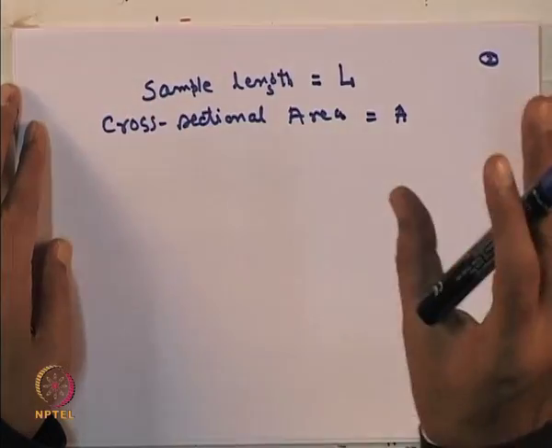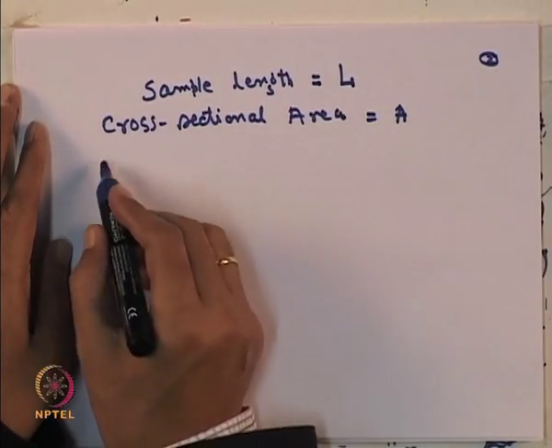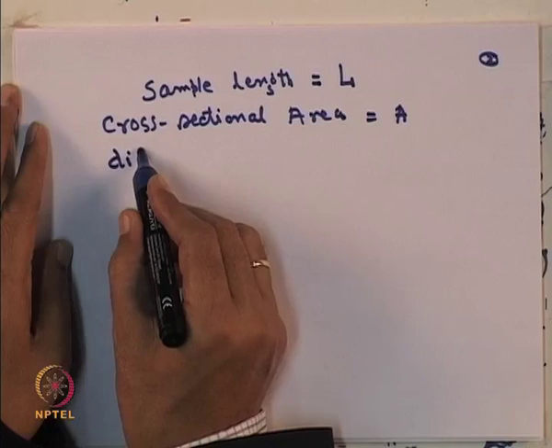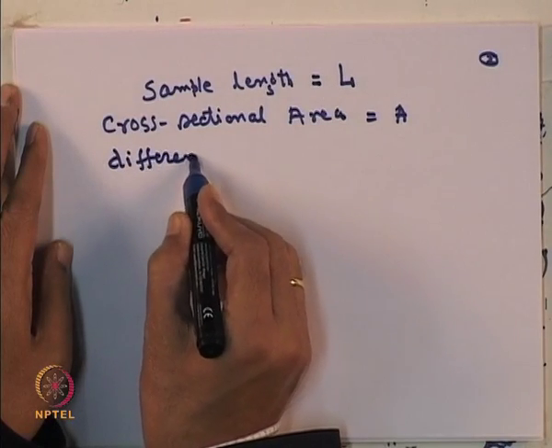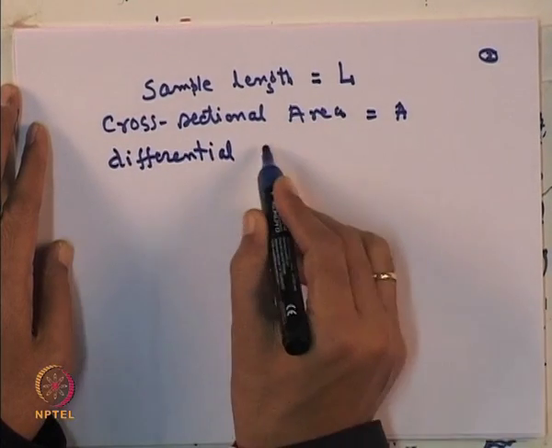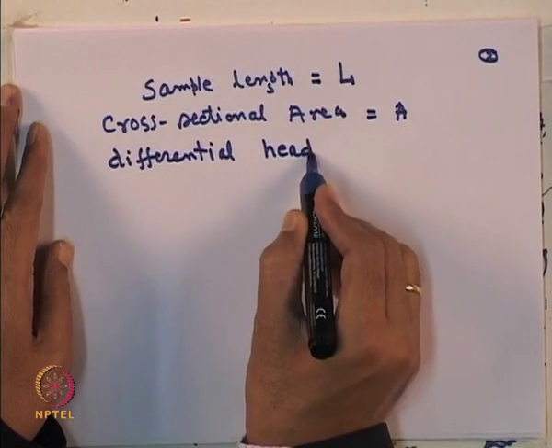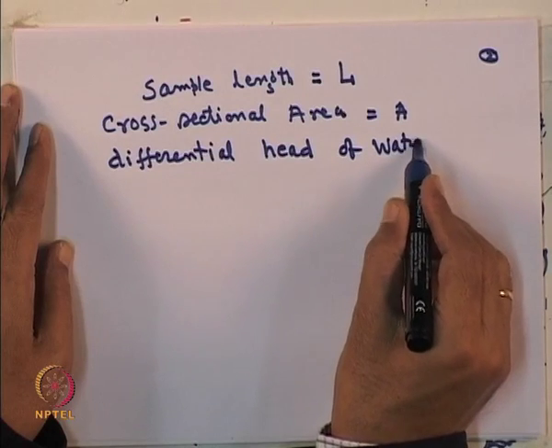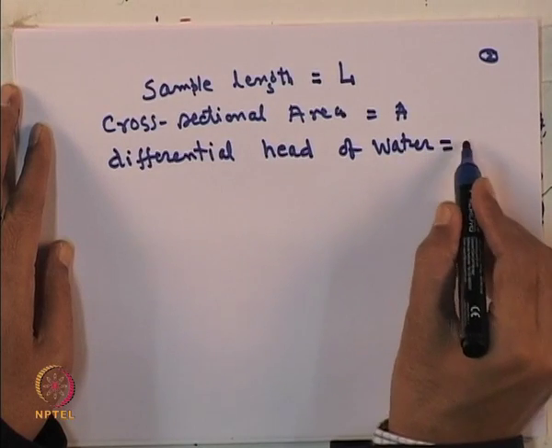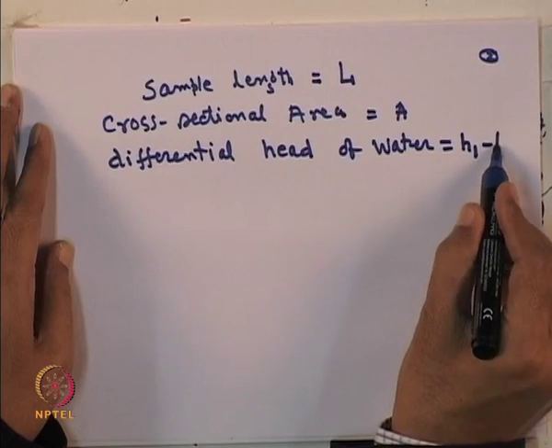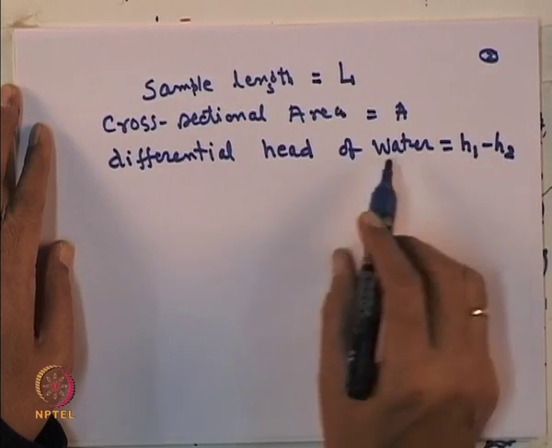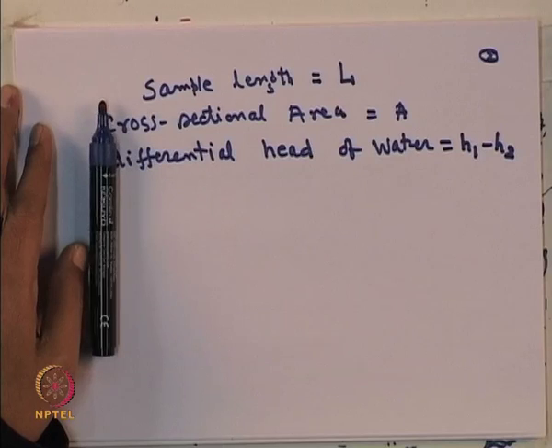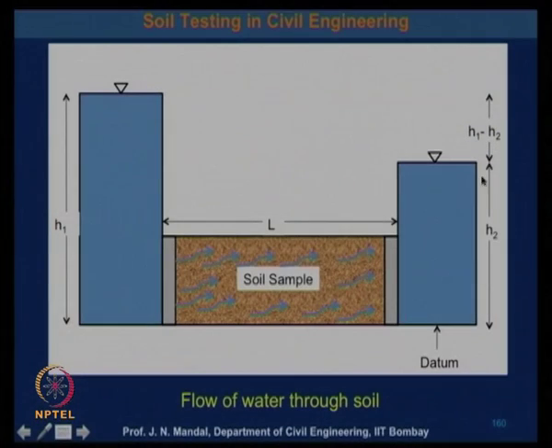That means there will be a differential in head. So, the differential head of water is equal to H1 minus H2. This is H1 minus H2, the difference in head of water here.